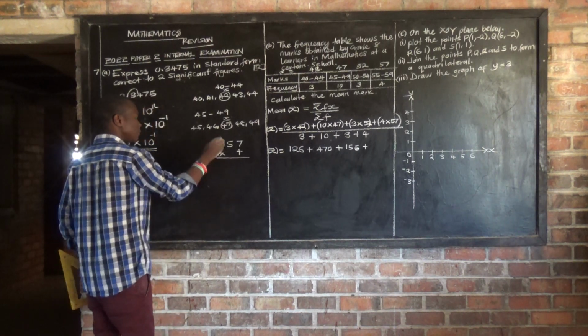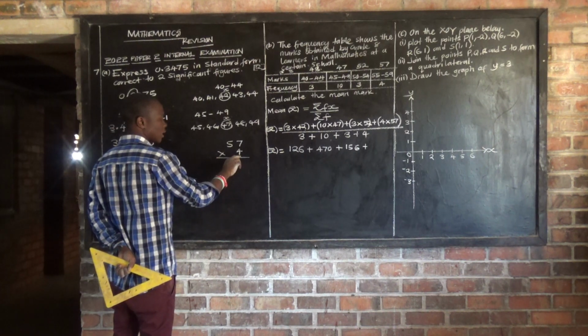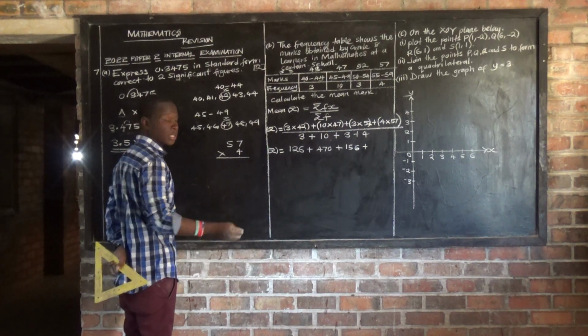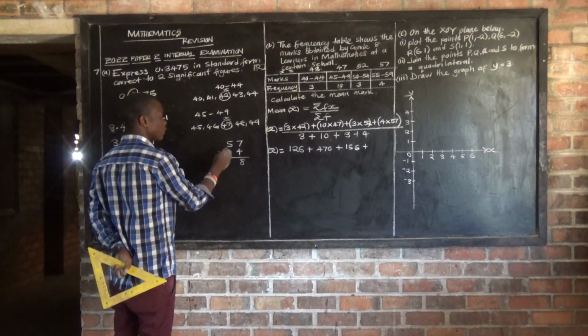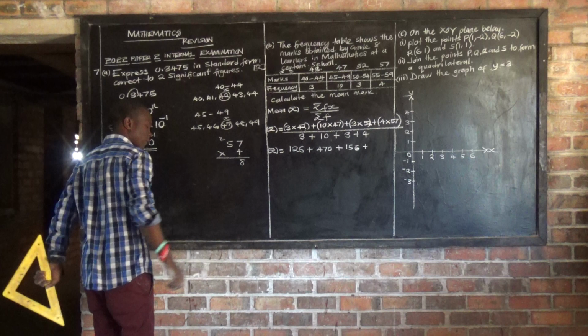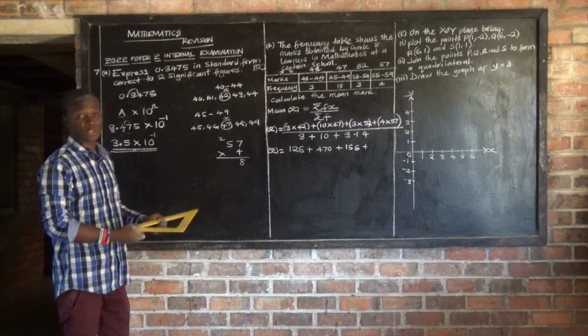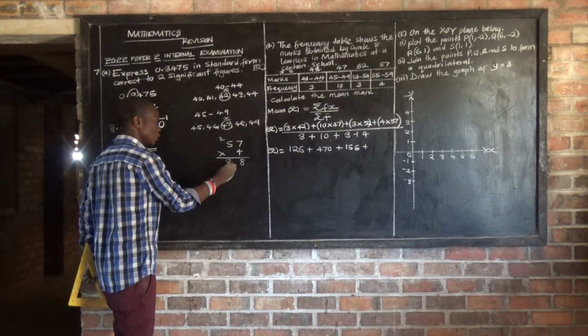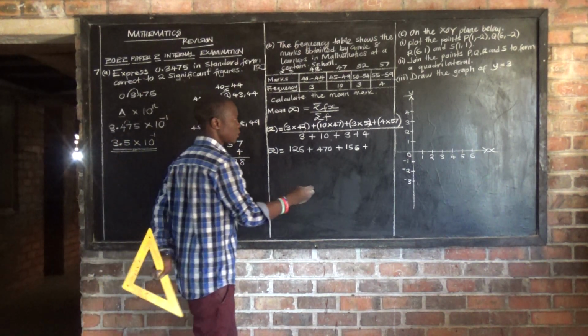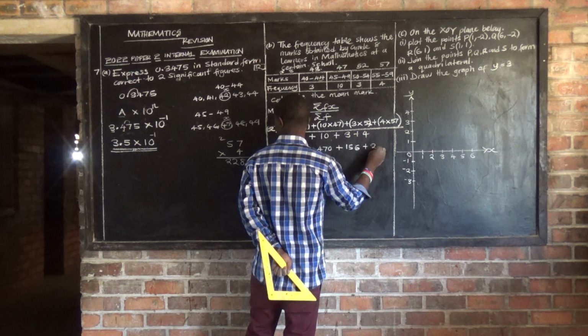So what are we getting here? 4 times 7 is 28, so you write 8 and carry forward 2. Then 4 times 5 is 20 plus 2, get 22. I hope now these figures are correct, right? Yes. Okay.